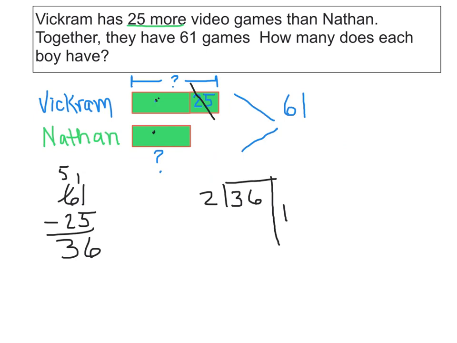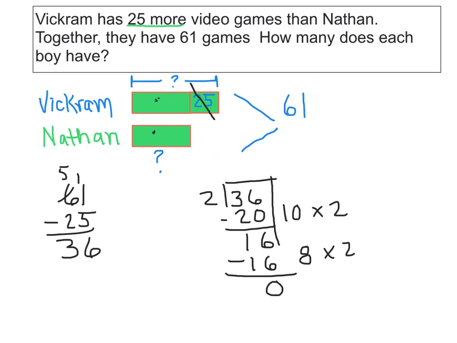And I know I can do at least 10 groups of 2. That would be 20. So I have 16 left. 16 divided by 2, oh, I know that's 8 groups of 2. And 8 times 2 is 16, and I have none left. So I have 18 groups of 2.